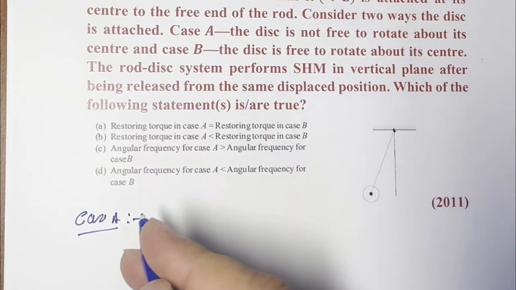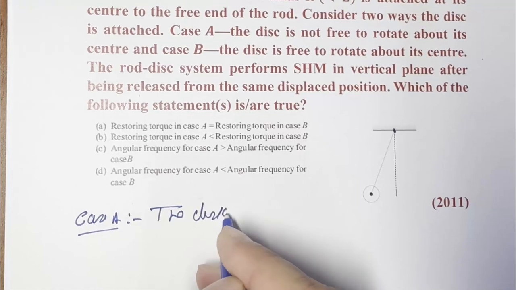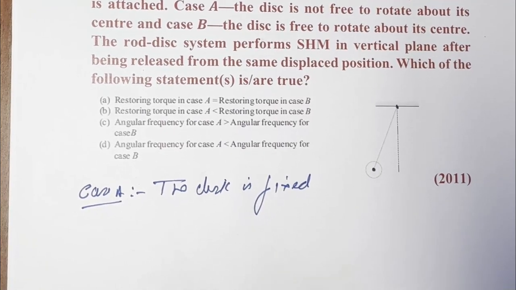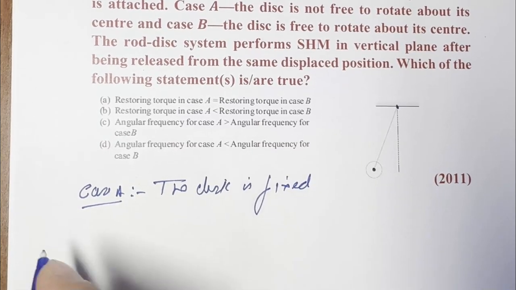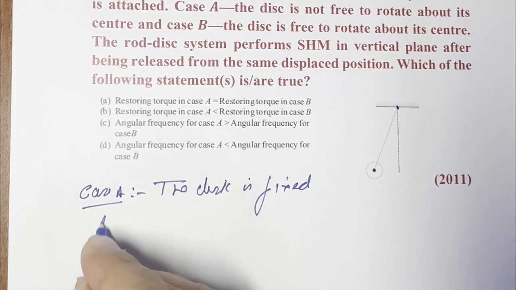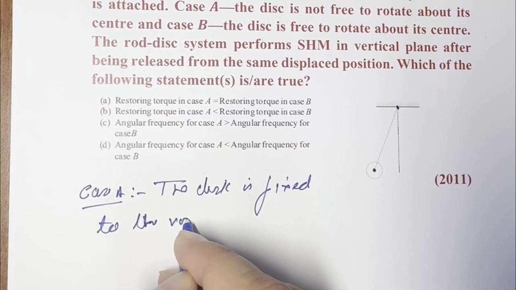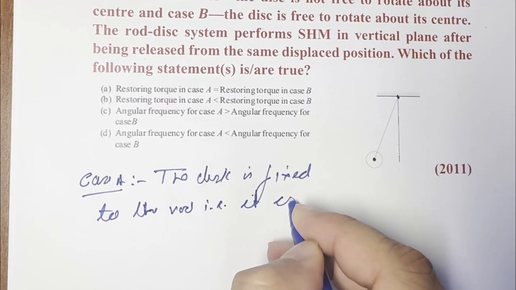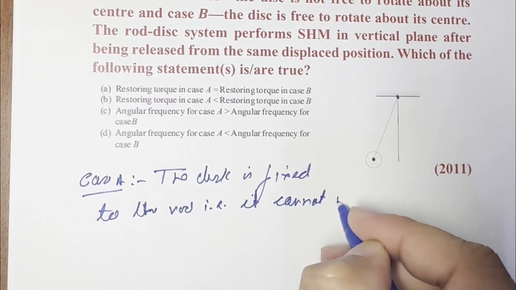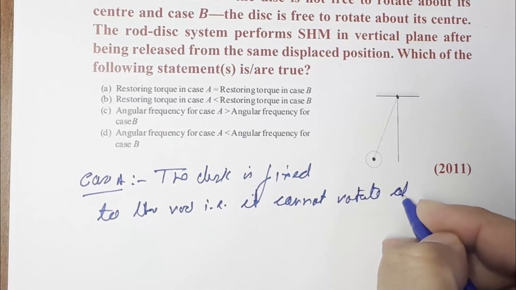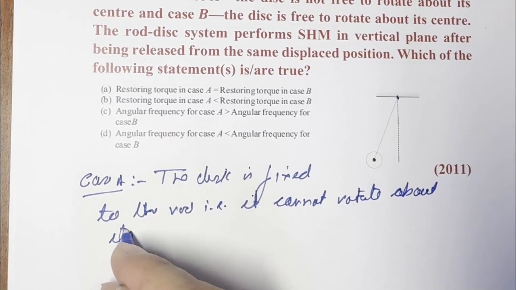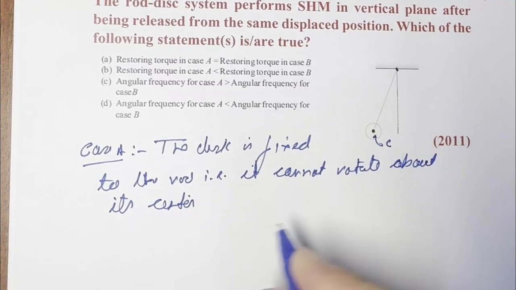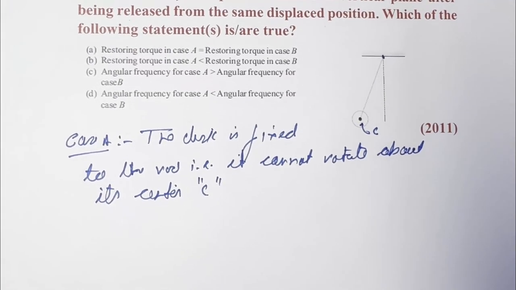And case A states that the disc is fixed to the rod, that is, it cannot rotate about its center, and let us call this center C. Okay.